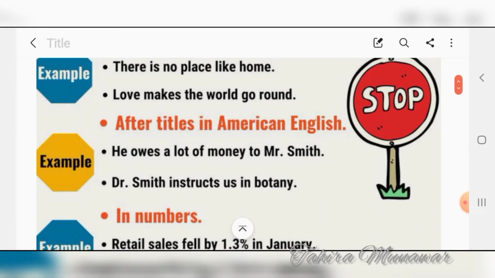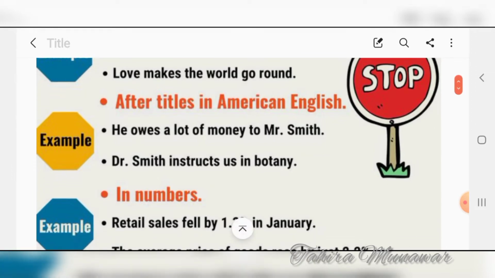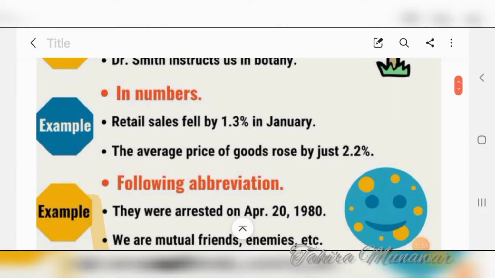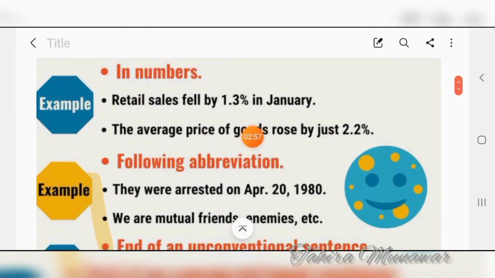After titles in American English, particularly, you use a full stop sign at the end of titles. Look, Mr. Smith, this is Mr. Smith. Secondly, Dr. Smith. In numbers, retail sales fell by 1.3 in January.